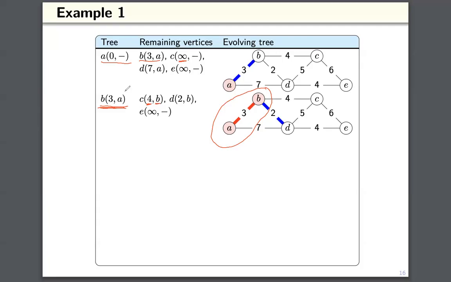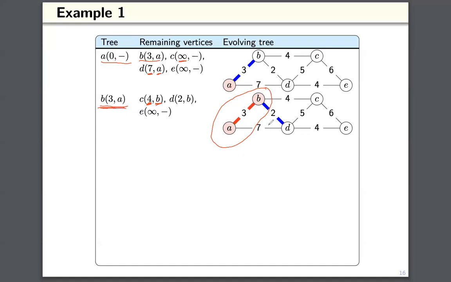C is at a distance of 4 from B, and B is inside the tree. What about D? D was reachable from A at a distance of 7. But now there is an edge between B and D also.